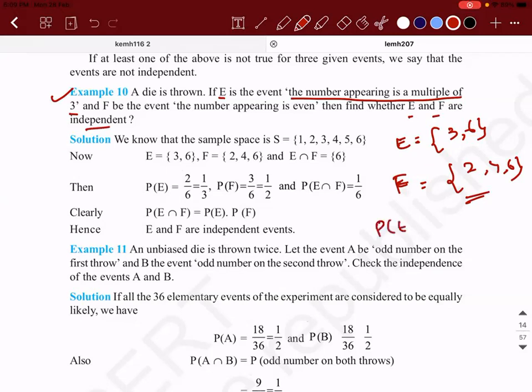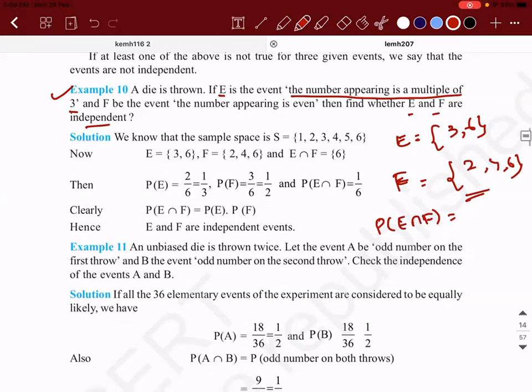So how can I do this? What is the probability of E intersection F? That is the number of elements in E intersection F divided by the number of elements in the sample space. The common element is 1 out of 6.